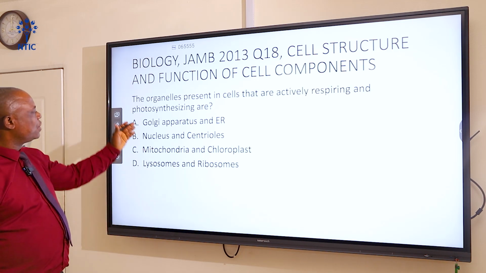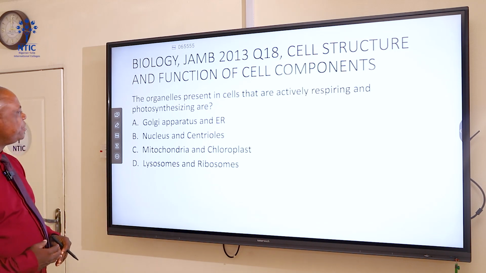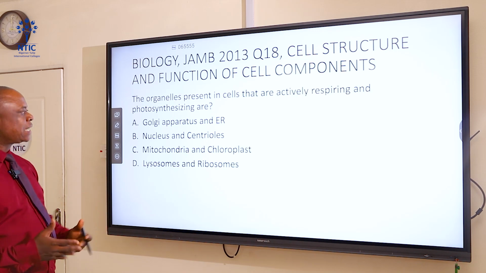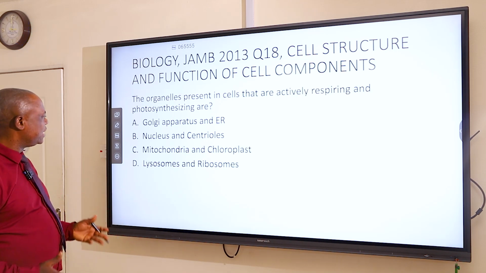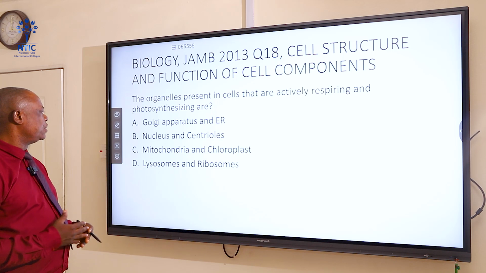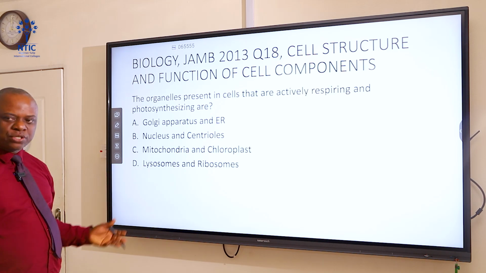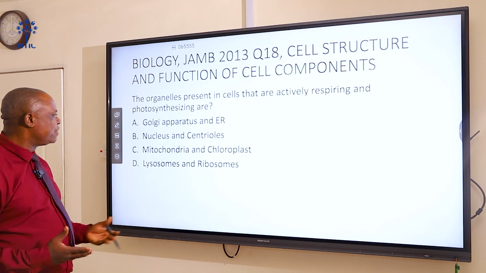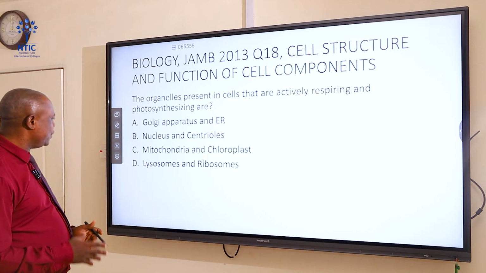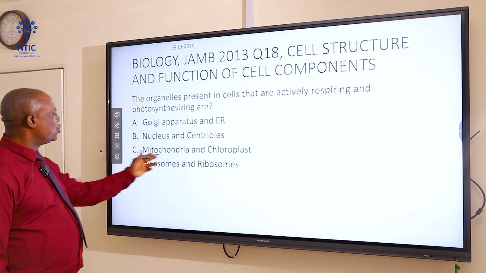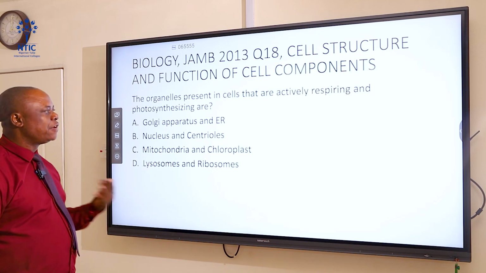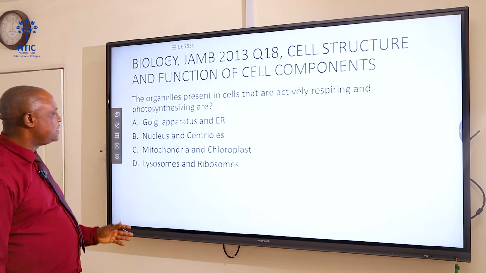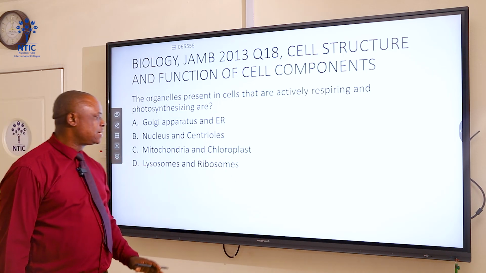Option A, Golgi apparatus and endoplasmic reticulum. They are involved in transportation and packaging of materials in the cell. We have nucleus. Nucleus controls the activity of the entire cell. Centrioles are involved in cell division. Then we have mitochondria. This is the center for respiration that helps in producing energy. And we have chloroplast.